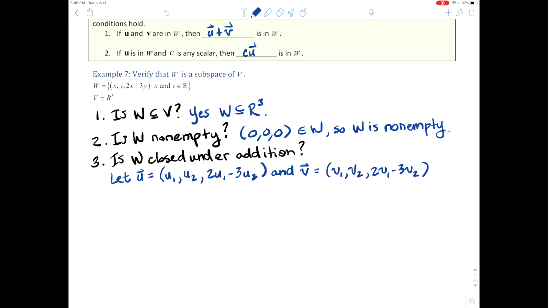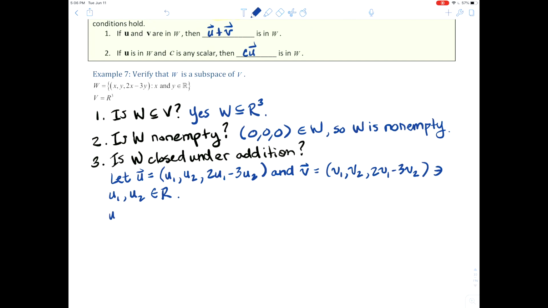And those both belong to W, right? Such that U1 and U2 belong to the real numbers. And we're ready to go on that one.